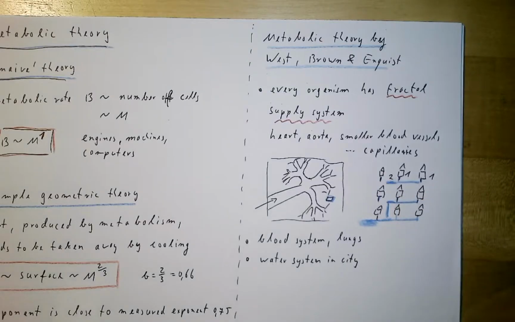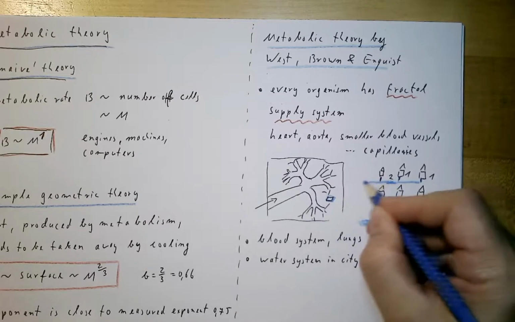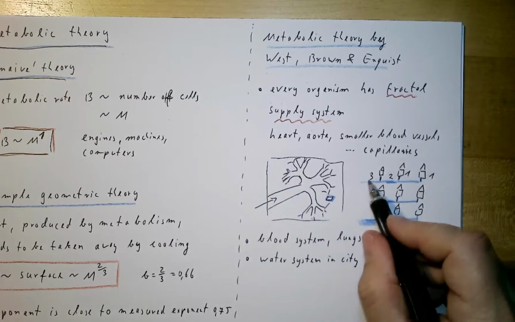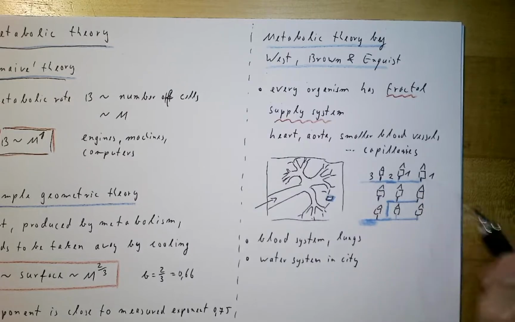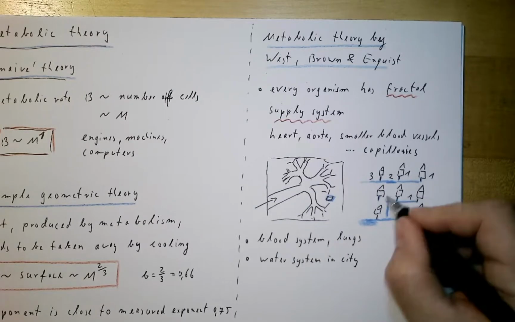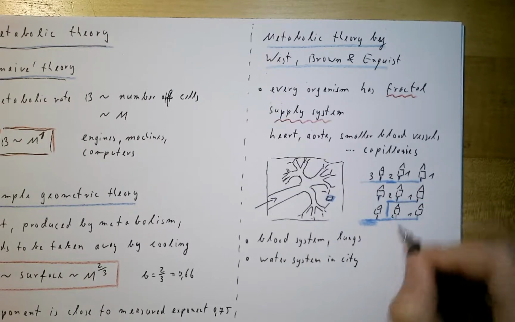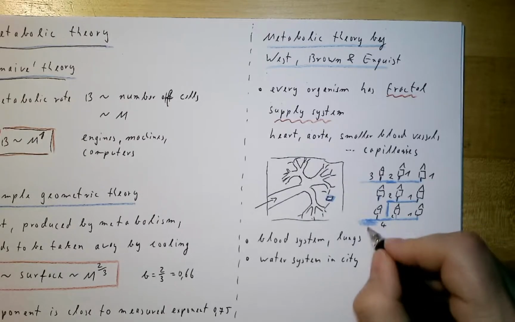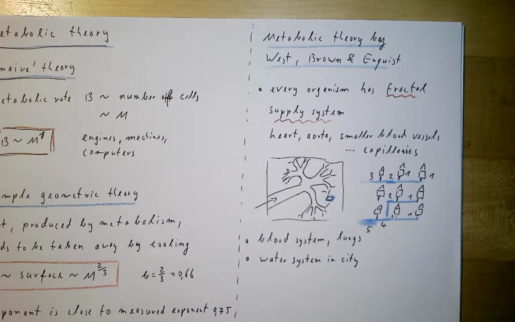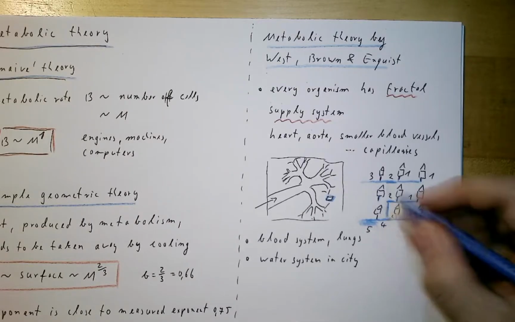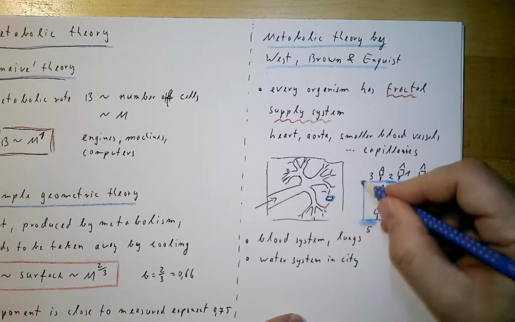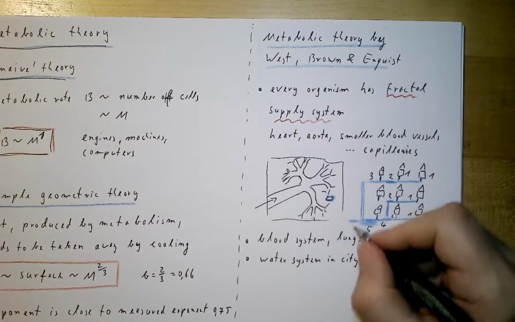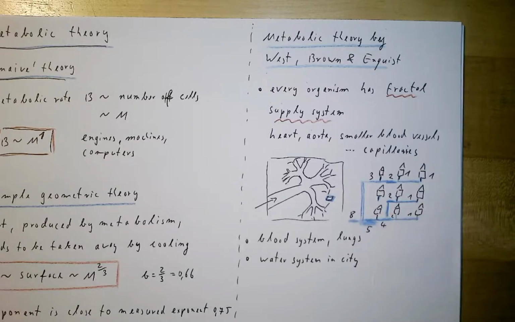And if we continue, then we have here a water pipe which needs to be thicker because it has to supply 3 houses. Here we have again 1, here we have 2, 1, 2, and here we have a water pipe which needs to support 4 houses. We have a water pipe which needs to support 5 houses, and if I didn't make a mistake here, then here we have a water pipe which needs to supply 8 houses.